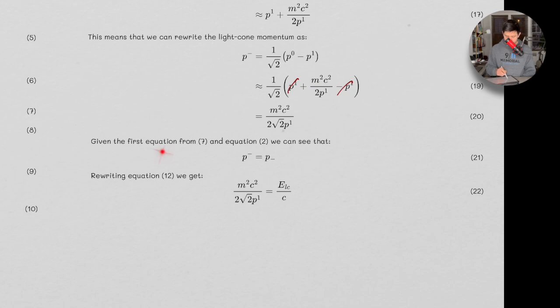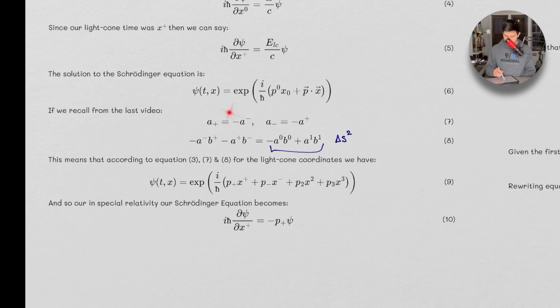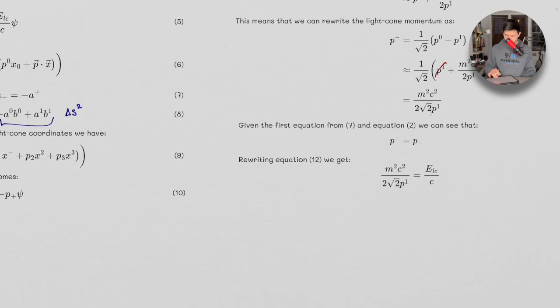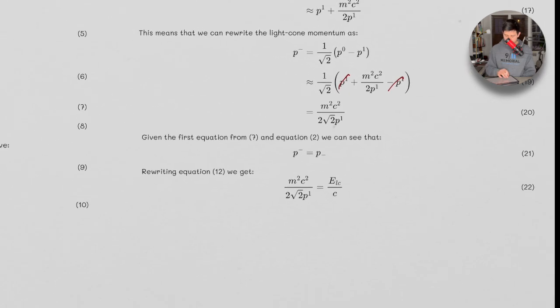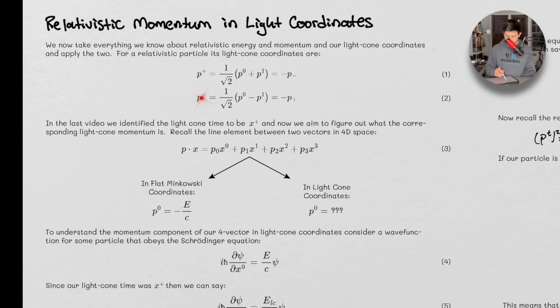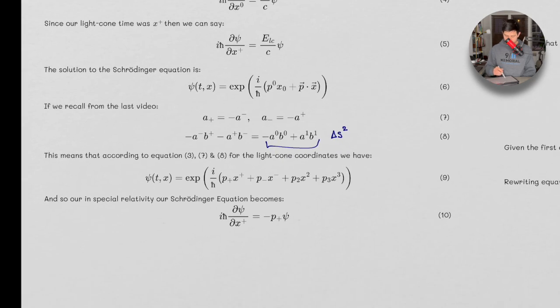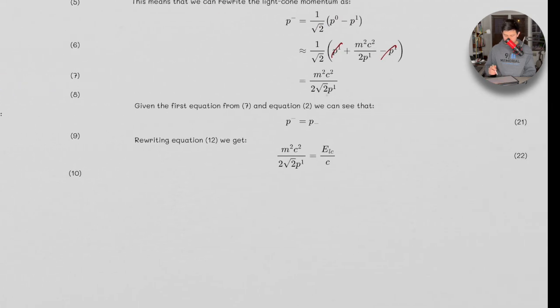And so given the first equation from 7, which is this guy right here, and the equation from 2, this guy right here, so P minus equals the negative of P plus, and then A plus equals the negative of A minus. Well, the two negatives are going to cancel, we get this guy.